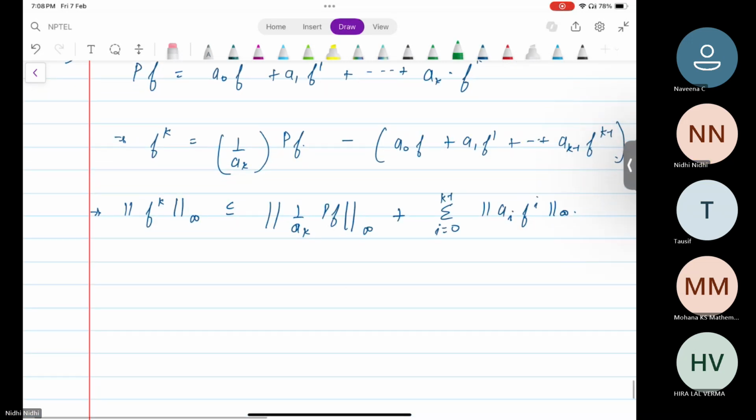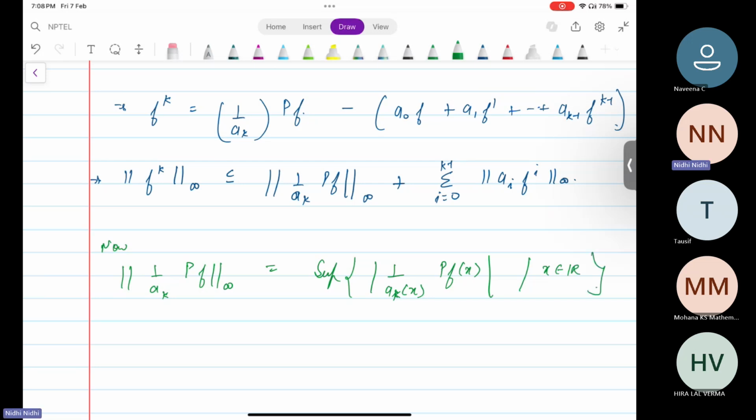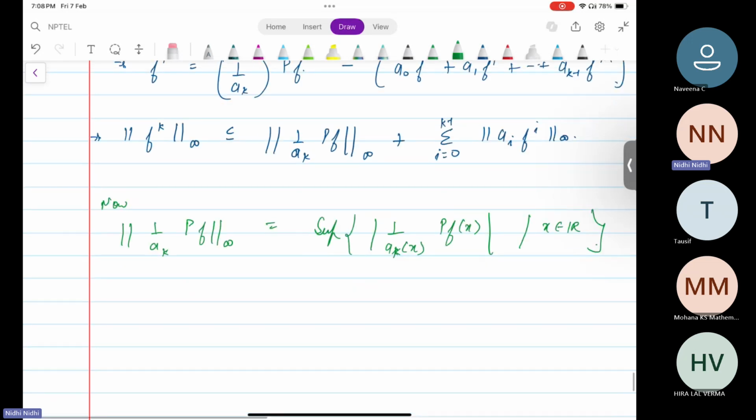Now see, the supremum norm of 1 by a_k times Pf is equal to the supremum of modulus 1 by a_k(x) times Pf(x) for every x in R. Now since for every x in R, modulus a_k(x) is greater than A, so 1 upon modulus a_k(x) will be less than 1 by A. So I can take that constant outside.